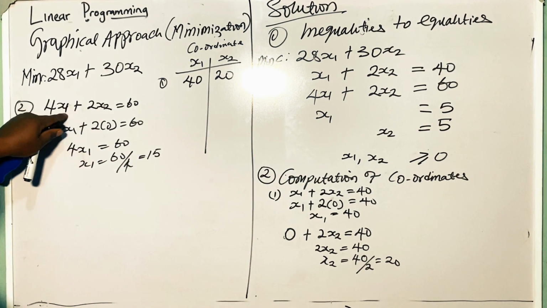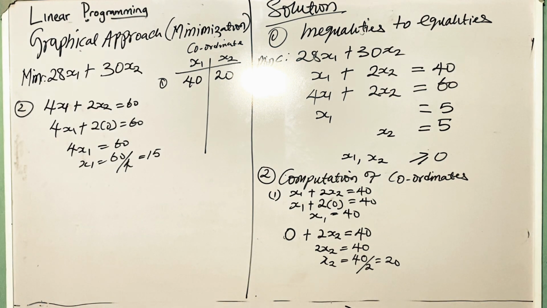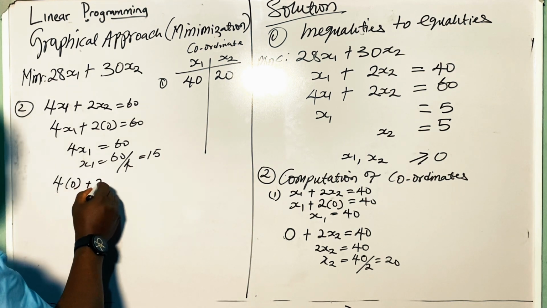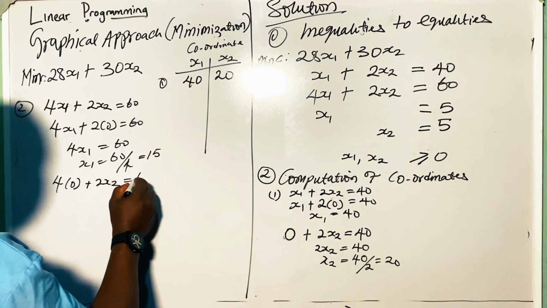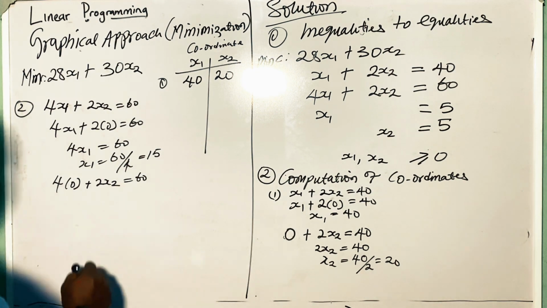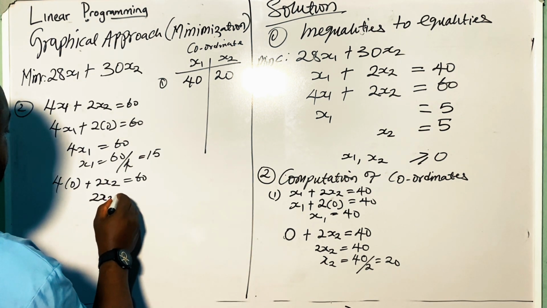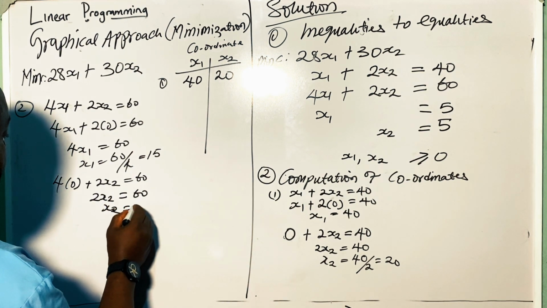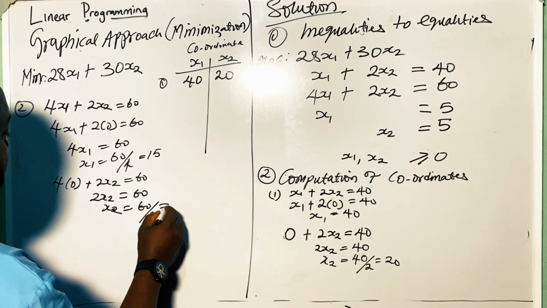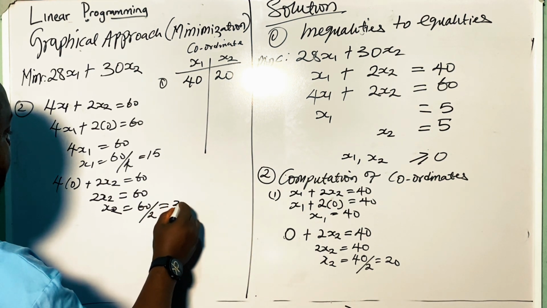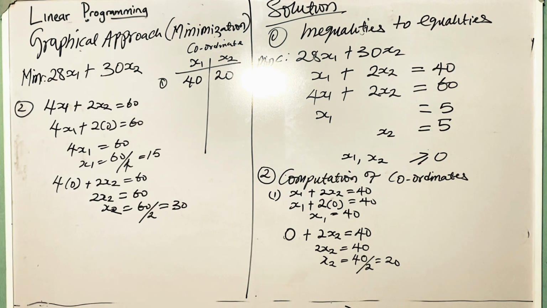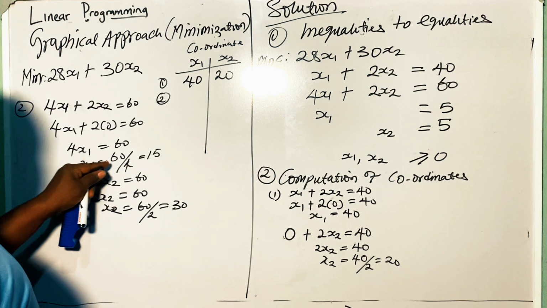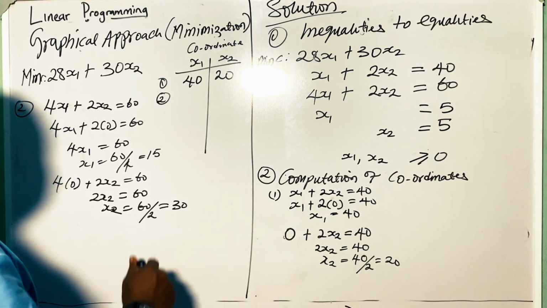Then if I hold x1 at 0, I have 4 by 0 plus 2x2 equal to 60, so 2x2 will be equal to 60. So x2 will be equal to 60 by 2, which is 30. So for number 2, when x1 is 15, x2 is 0, and when x1 is 0, x2 is 30.